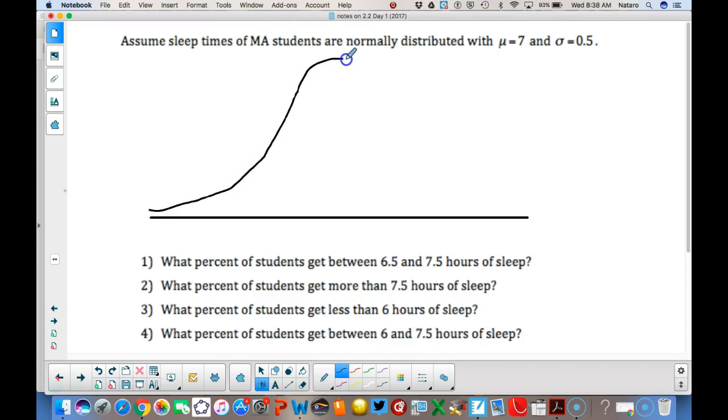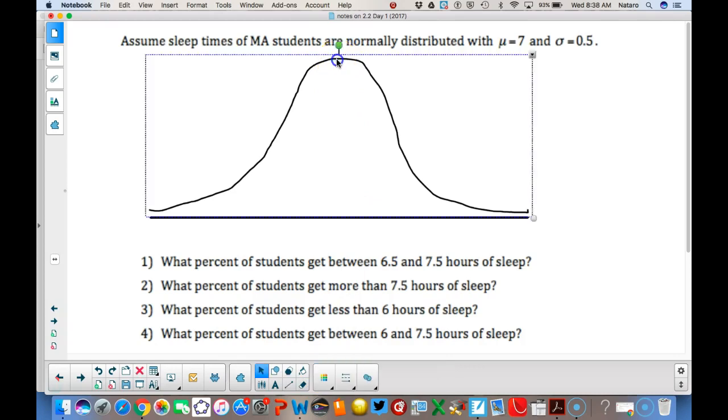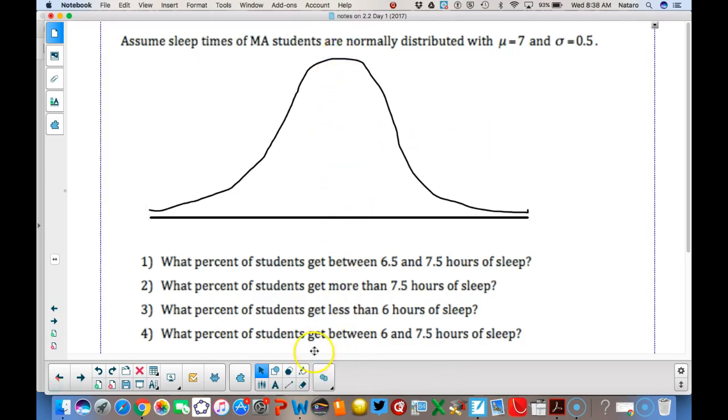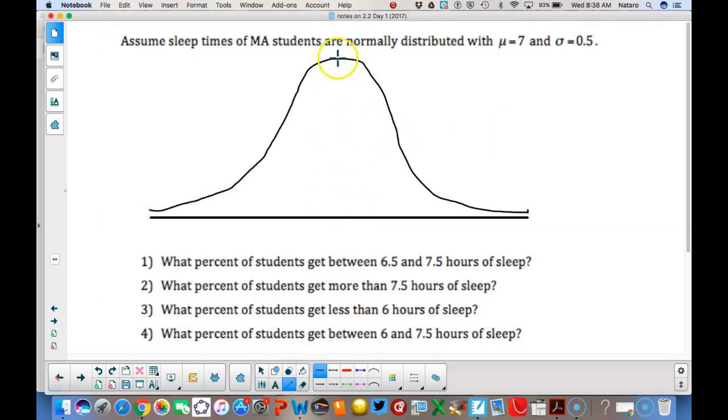We want it to look mound-shaped and approximately symmetric. And in the middle of our distribution, we have our population mean. So for this distribution, our mean is 7 hours.